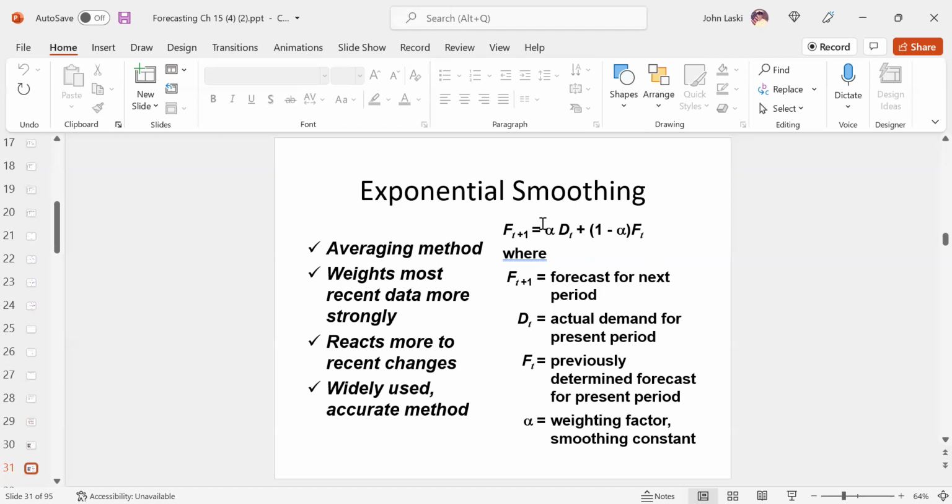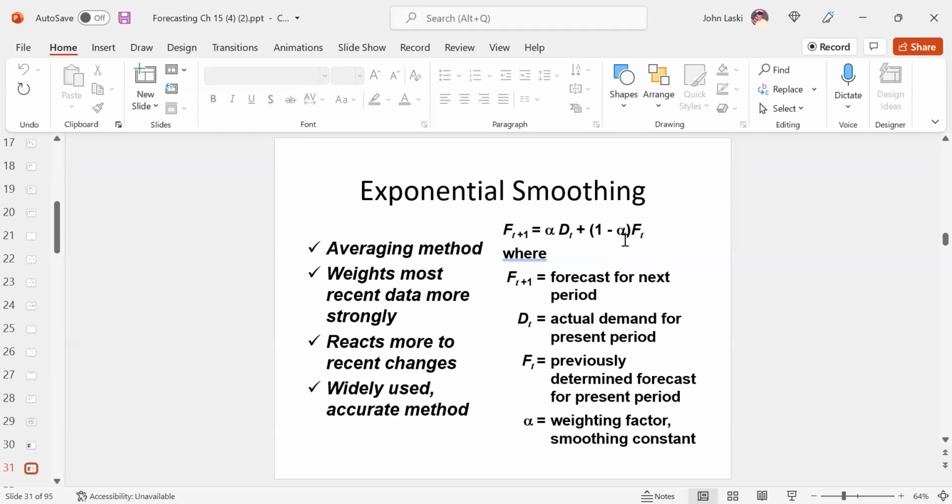Okay. So what this seems to say to me is that to get the forecast for the next period, I have to take alpha, let's call it a weighting factor, multiply it by D sub t, in other words, the demand for the current period, plus 1 minus alpha, which is almost like the reciprocal of alpha.